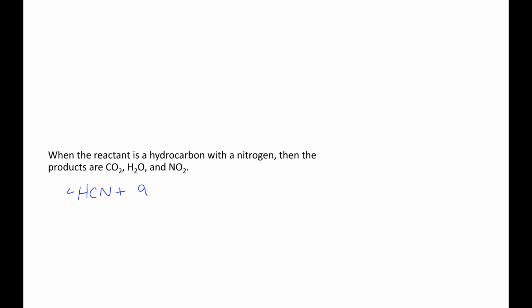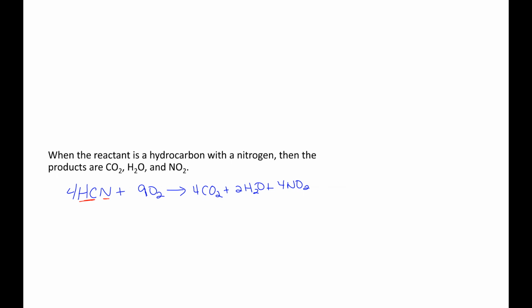I'm going to go ahead and put the numbers in front. That's a 9, by the way, 902. You're going to get CO2 plus H2O plus NO2. Those are always the products when there's a nitrogen. So when you have a hydrocarbon with a nitrogen, you're going to get CO2, H2O, and NO2.